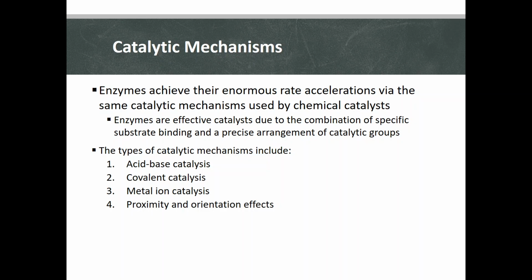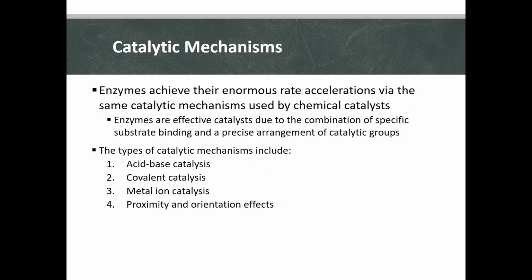So the four major types of catalytic mechanisms with respect to the chemistry that we're going to talk about are acid-base catalysis, covalent catalysis, metal ion catalysis, and the proximity and orientation effects that we have talked about, not in as much detail as we will here, but we have talked about these.